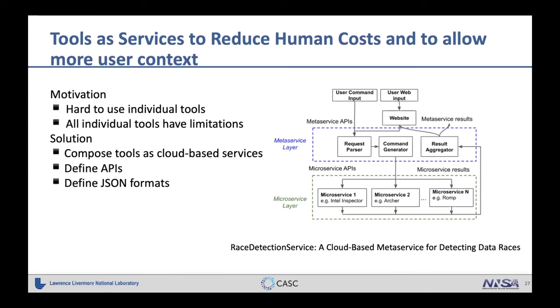And we are actually exploring this idea using this risk detection service framework. We are building microservices on top of individual tools. On top of that, we build a meta service tool, which will compose the results from multiple microservices and respond to users' requests using standard APIs, standard JSON formats.